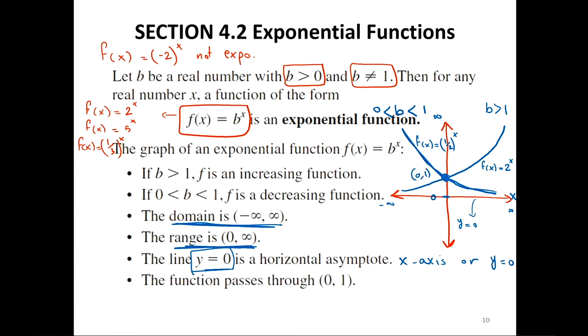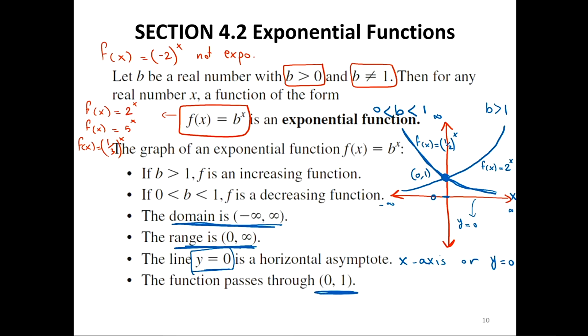A horizontal asymptote means the exponential function gets close to this horizontal line but does not intersect it. So we cannot find a negative value of the exponential function. The range is from 0 to infinity, so all values of f of x in an exponential function are positive.